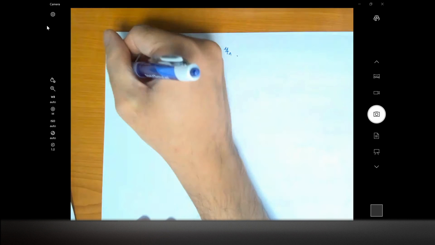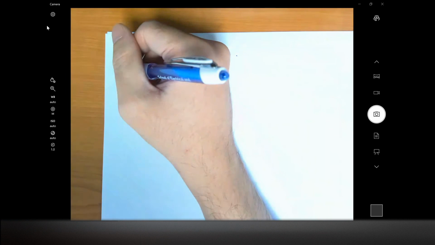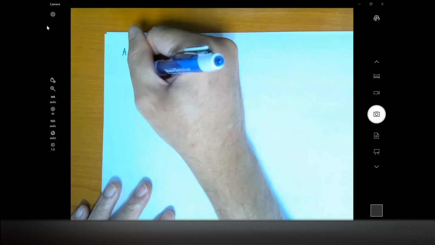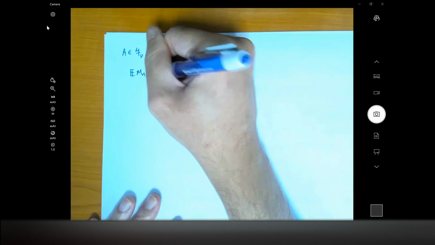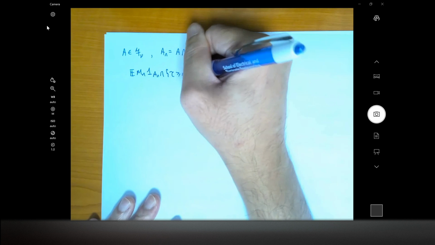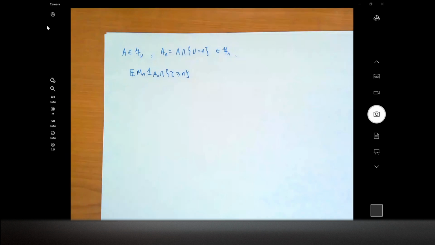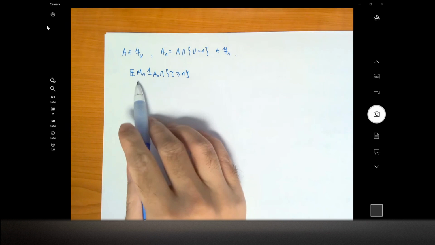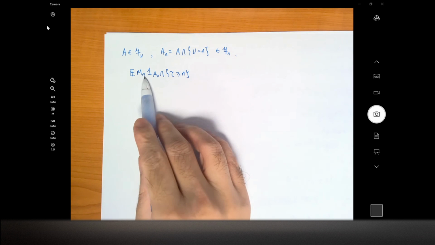So let's look at this. The expectation of M_n on A_n intersect {tau bigger than n}. I basically want to show that I can replace this n with tau.